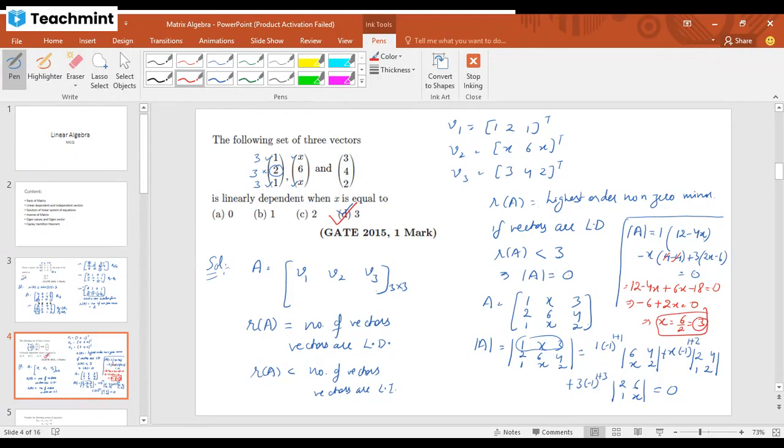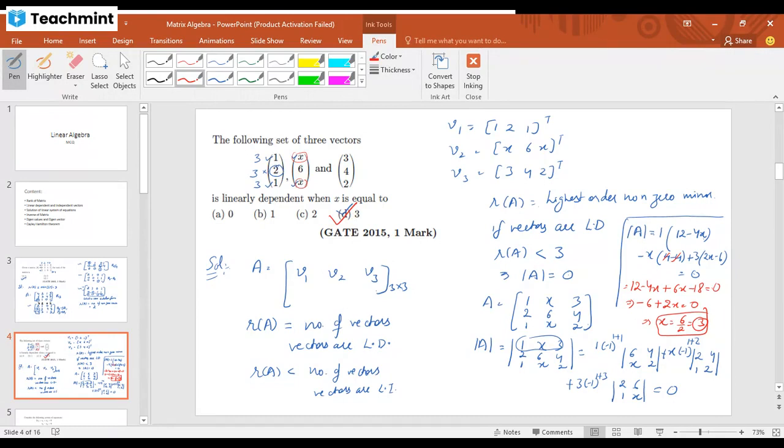So you can use any one of the concepts, especially when you have MCQ type problems. You need to find the correct option from the given options only. In that case, you can directly get an idea: the first and the third element are the same, as in the first vector also. So automatically you can get an idea that the correct option will be 3 only.